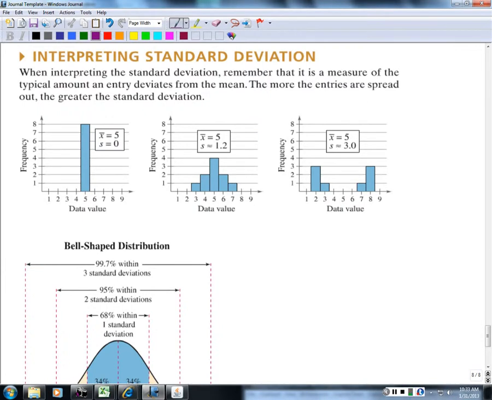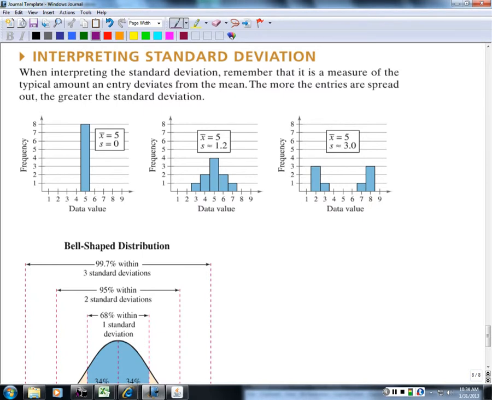In other words, how much does it vary from the mean? Now, this is a frequency histogram of a data set that has a mean of 5 and a standard deviation of 0. Which means that all my data values occur where? At 5. Because if there's no standard deviation, that means there are no values that are different from the mean. Does that make sense?